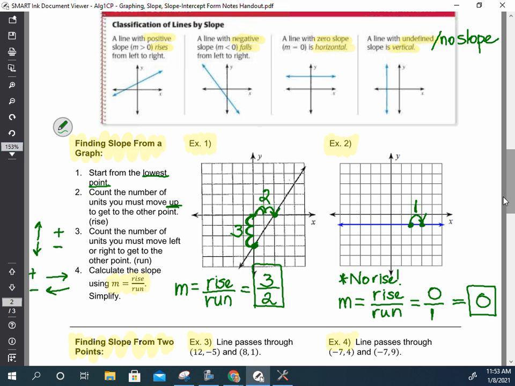Any questions, examples 1 or 2? If you have a question, you gotta make sure you ask, because closed mouths don't get fed.